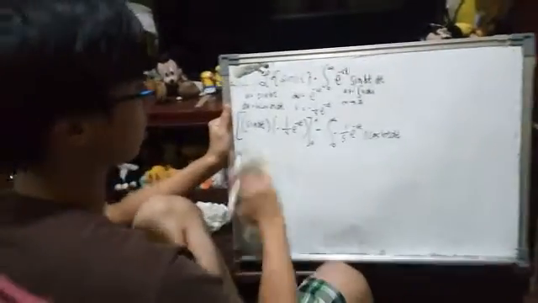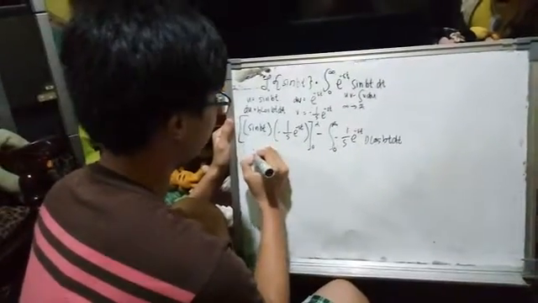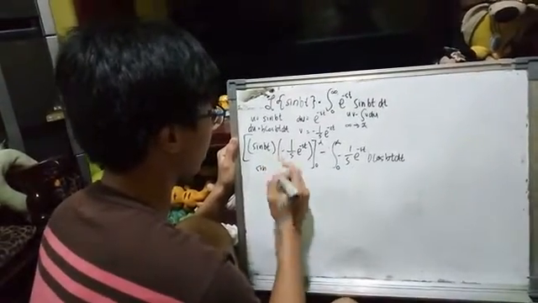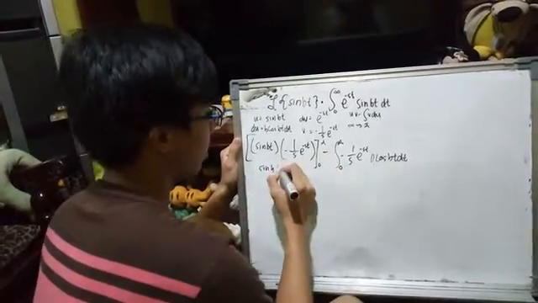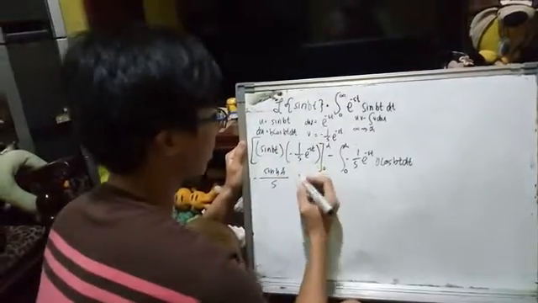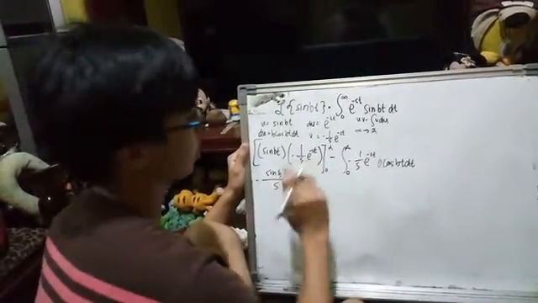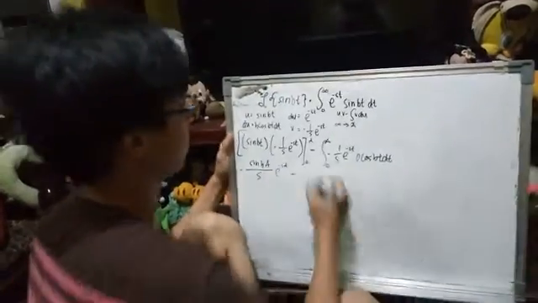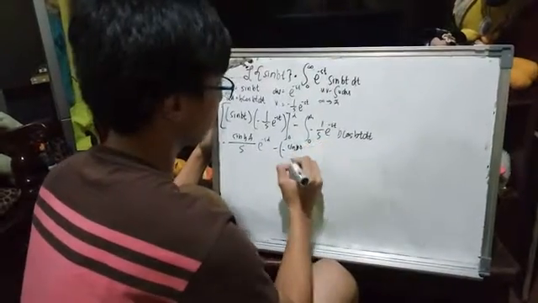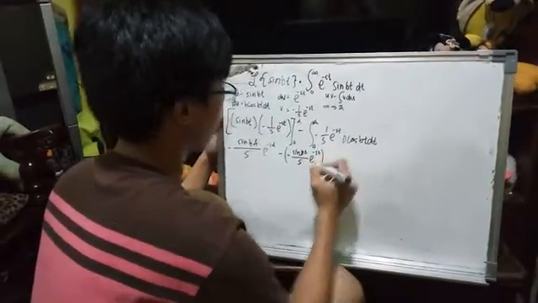First we have to do this side. We will evaluate this by substituting the limits. So sine b times a over s, negative, e raised to negative s times a, minus negative sine b times 0 over s times e raised to negative s times 0.